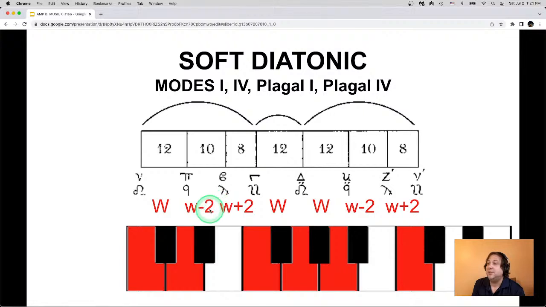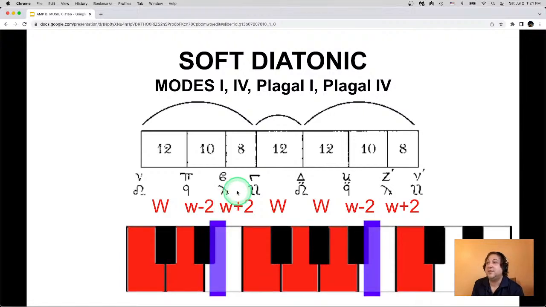And 2 units is a third of a semitone. So, you can't play that on the piano. But then it kind of corrects itself by going 8 units.